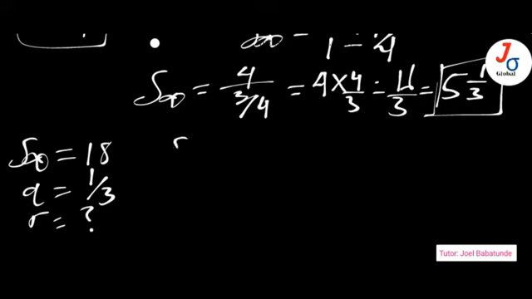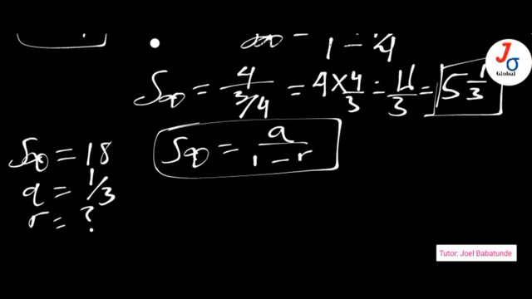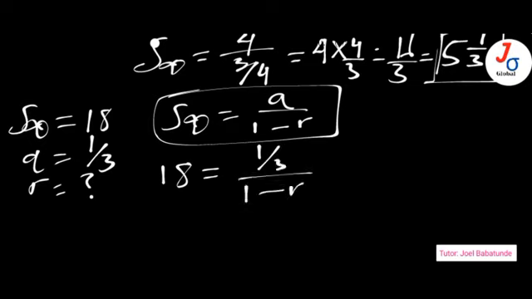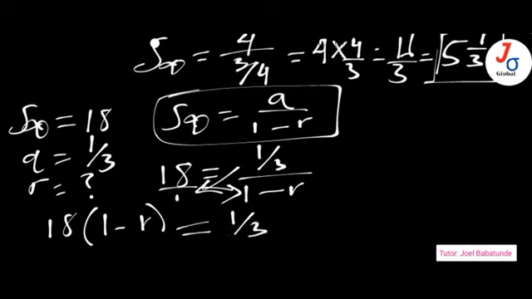Using the same formula, sum to infinity equals A over 1 minus R, you have 18 equals 1 over 3 over 1 minus R. So cross multiply, you have 18 times 1 minus R equals 1 over 3.